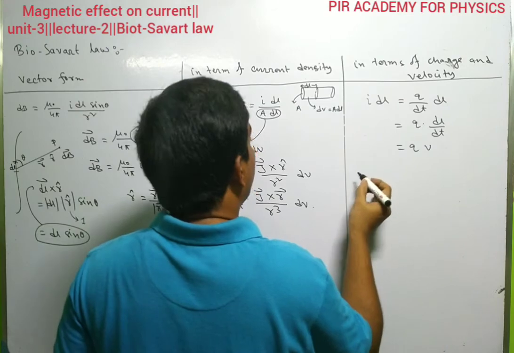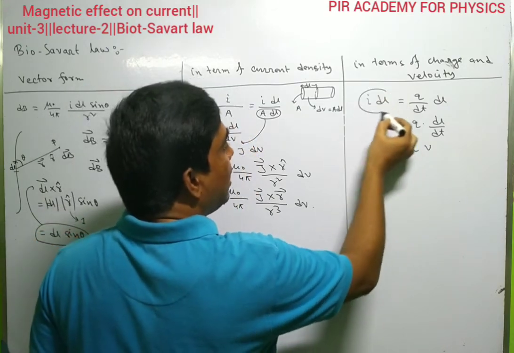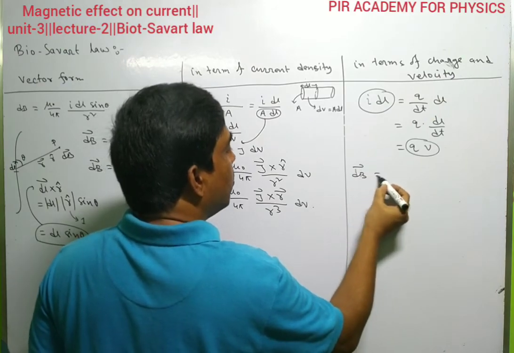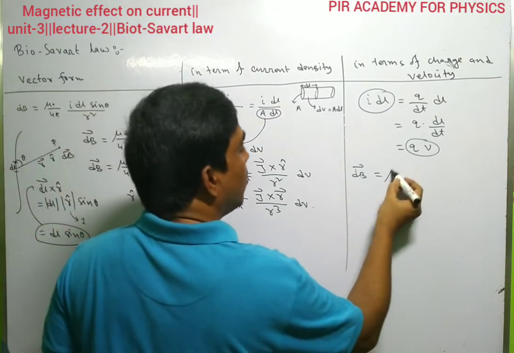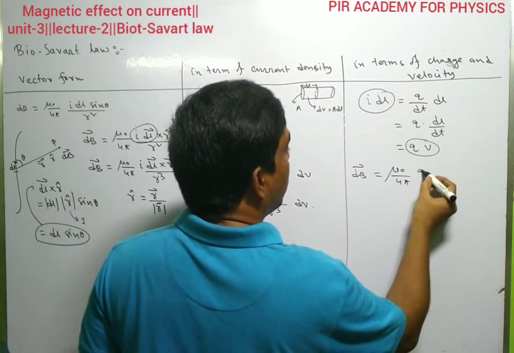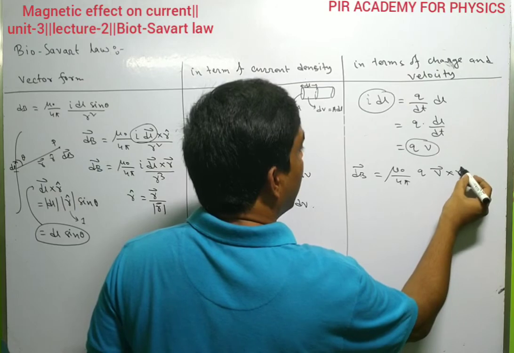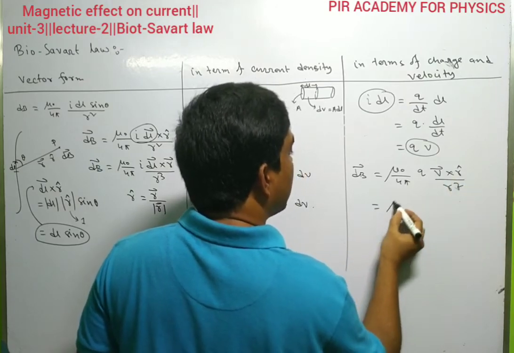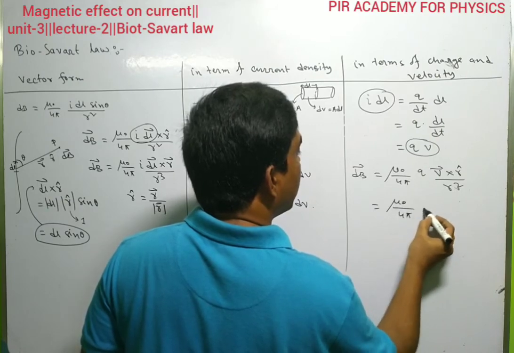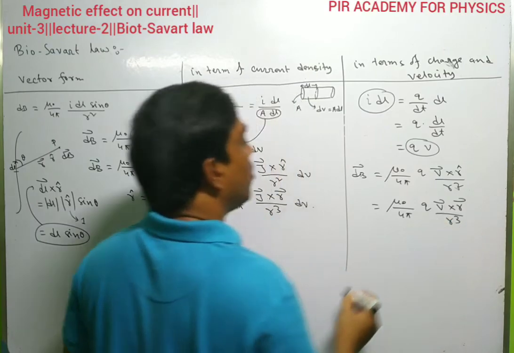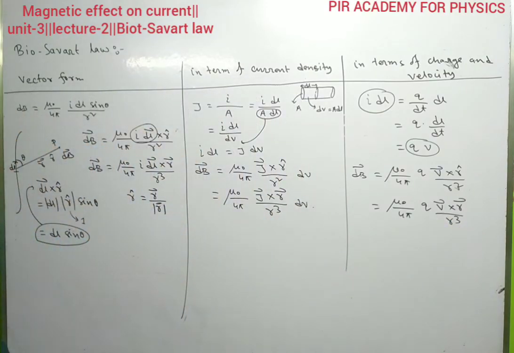So you have to replace I dl by q v. So dB vector will be mu 0 by 4 pi, q v cross r unit vector by r square. It can also be written as mu 0 by 4 pi, q v cross r vector divided by r cube. So this is the form of Biot-Savart law.